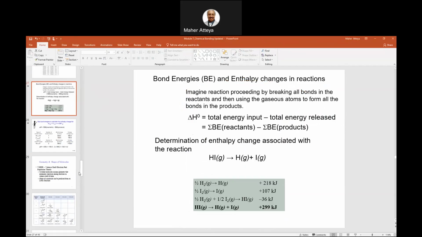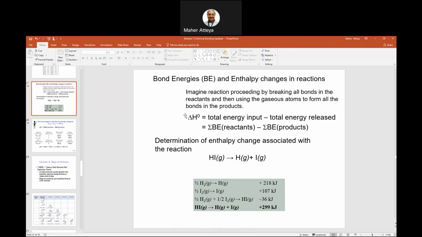So now how to calculate this if the values are given to you. Bond energy is the total bond energy of the reactants minus the total energy of the products. That's quite the opposite of the enthalpy change. The enthalpy change is the enthalpy of formation of the products minus the sum of the reactants.